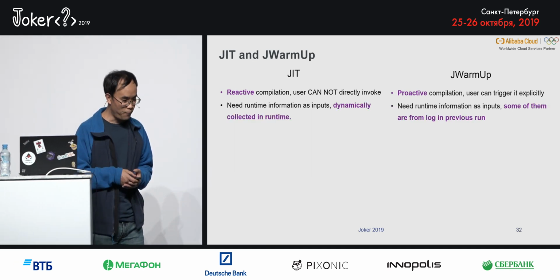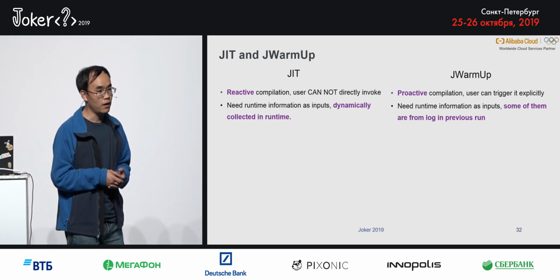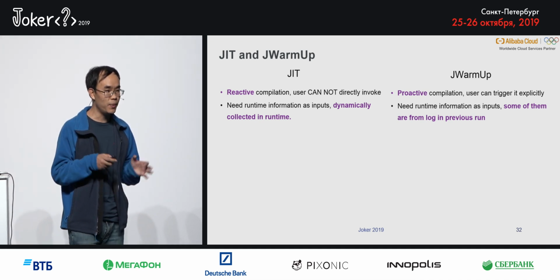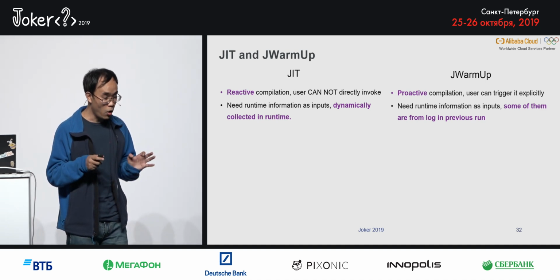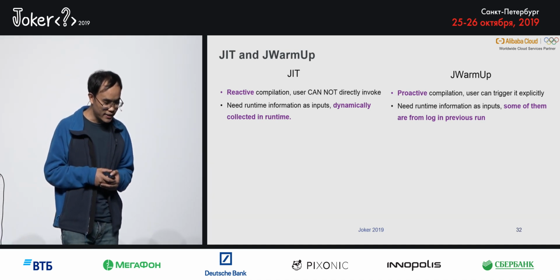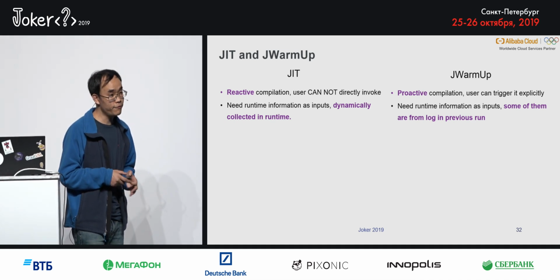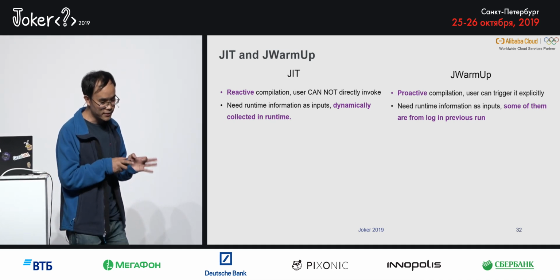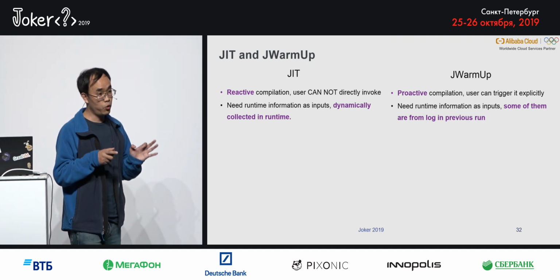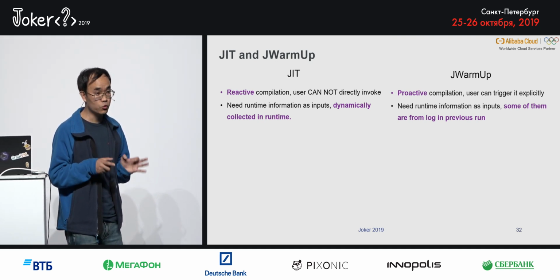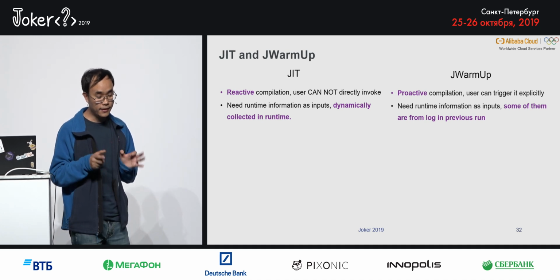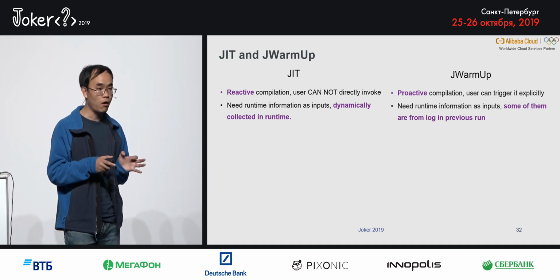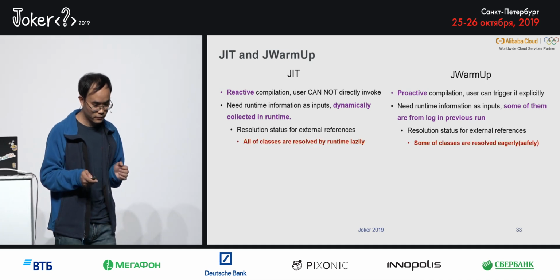The second thing is both of them are very similar. Actually, JWarmup is implemented based on the C2 compiler. Both of them need runtime information as inputs. But the different thing is for the just-in-time compiler, the profiling information is collected dynamically at runtime, right? But for warm-up, we get this profiling information from a log on disk.